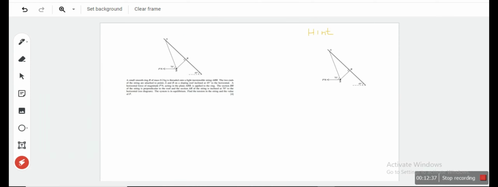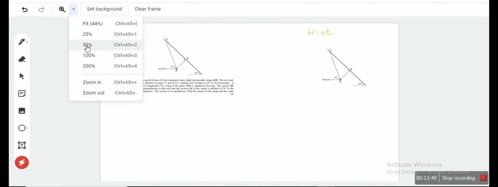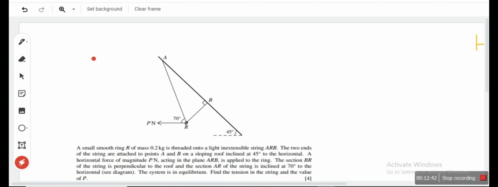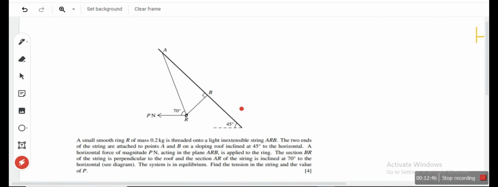All right, we have another question here. It's the same principle. All we need is to draw and resolve the forces, and we get what we are looking for. So that's it. It says a small smooth ring of mass 0.2 kg is threaded onto a light inextensible string ARB.